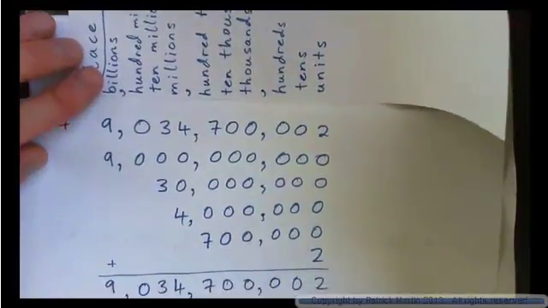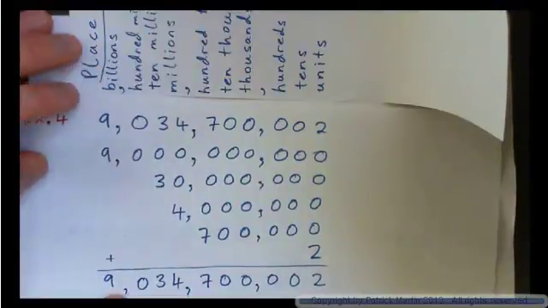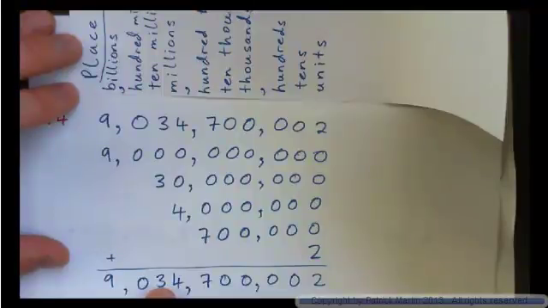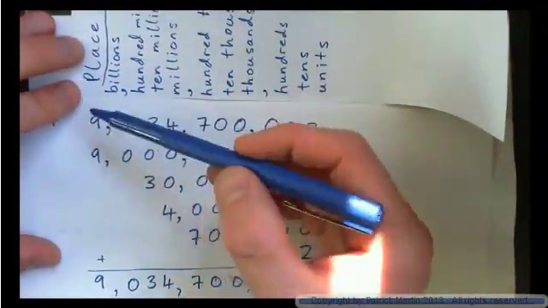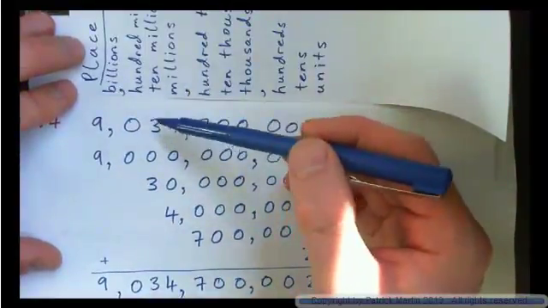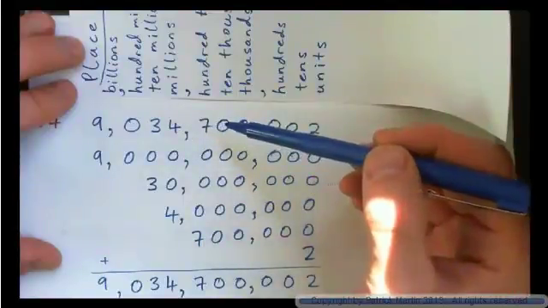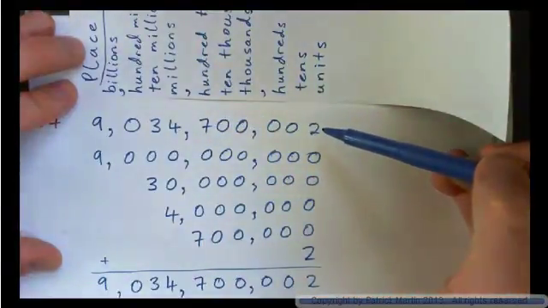See if you can say it. 9 billion, right? And then we've got 3 10 millions, 4 million. So this would be 9 billion, is that 34 million? So 9 billion, 34 million, 700,000, 2, right?